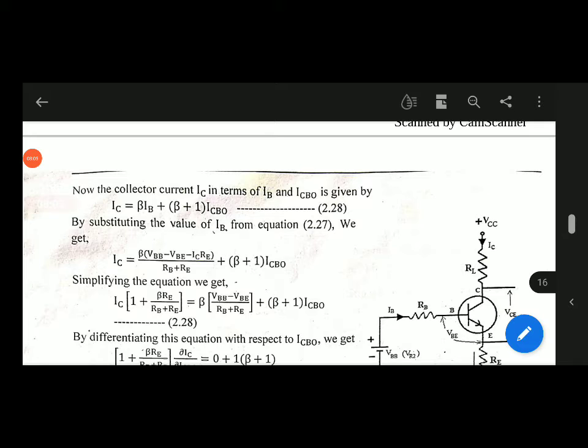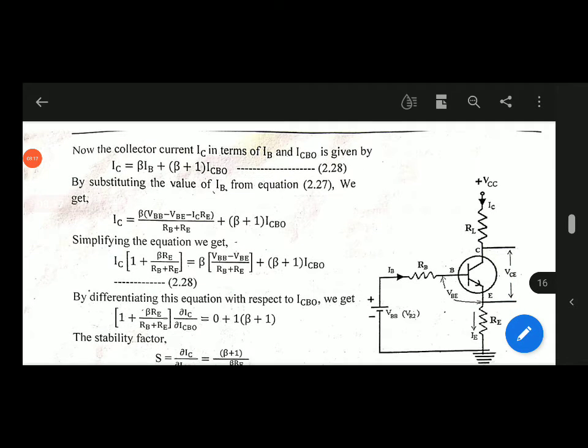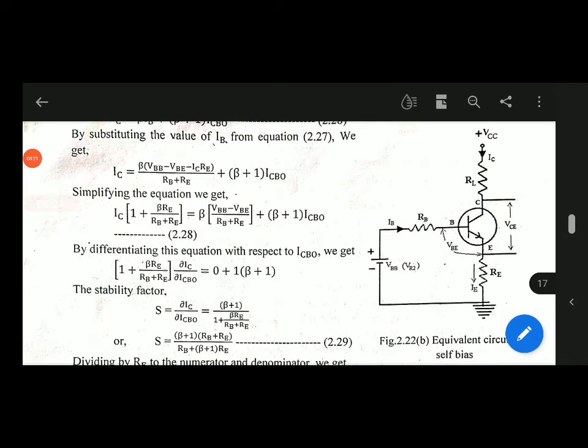Simplifying the equation, we get IC into (1 plus beta RE divided by RB plus RE) is equal to beta (VBB minus VBE) upon RB plus RE plus (beta plus 1) ICBO. By differentiating this equation with respect to ICBO, we get (1 plus beta RE divided by RB plus RE) into del IC upon del ICBO. The VBB and VBE term is a constant, so its derivative is 0, and we get beta plus 1.